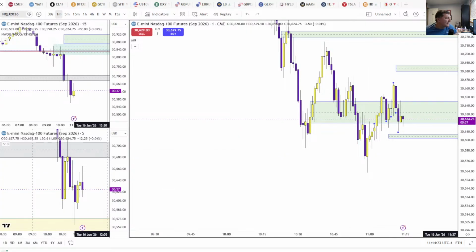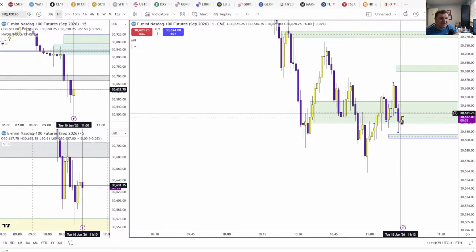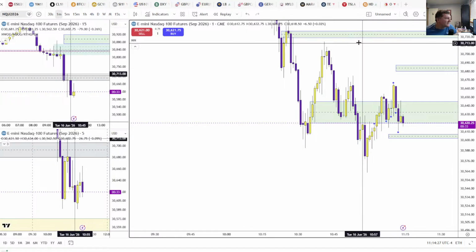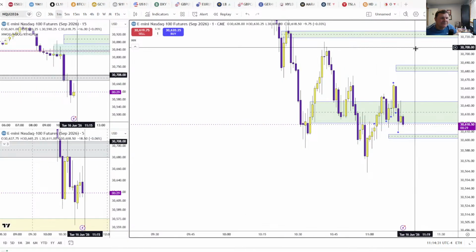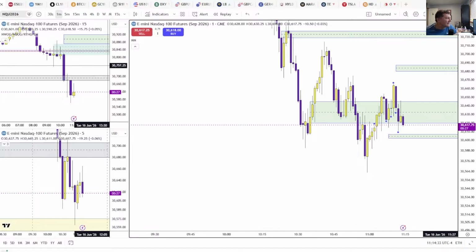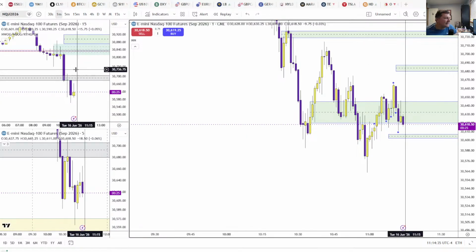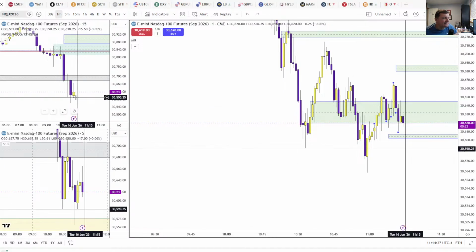But this hourly, if this just waffles around here for the next hour, I want to see one little quick pump up here at 12 o'clock into that hourly level right here, and then see if we can send it lower.